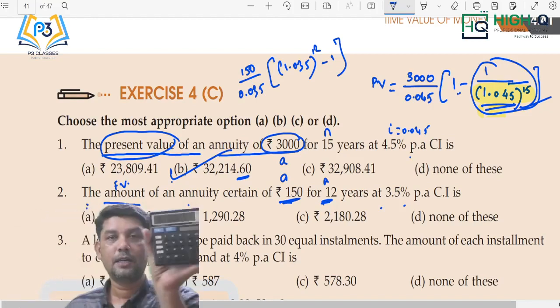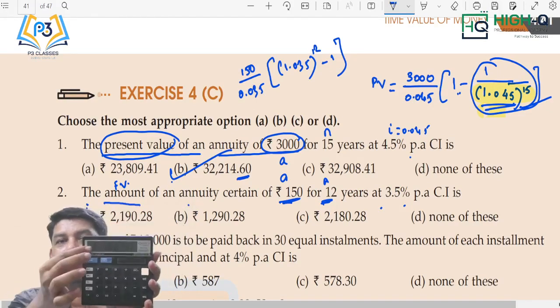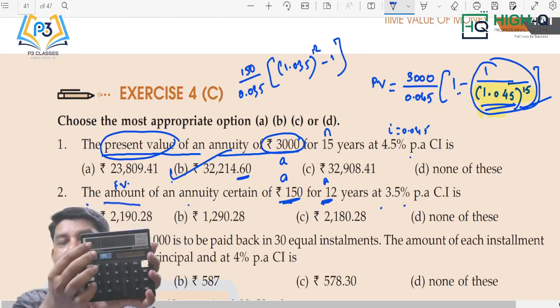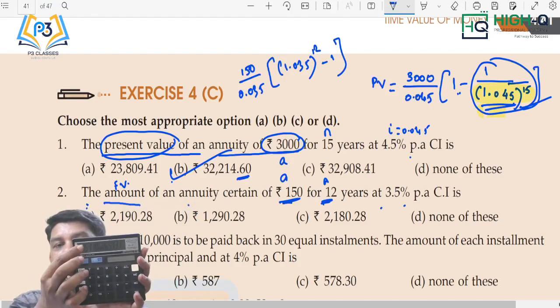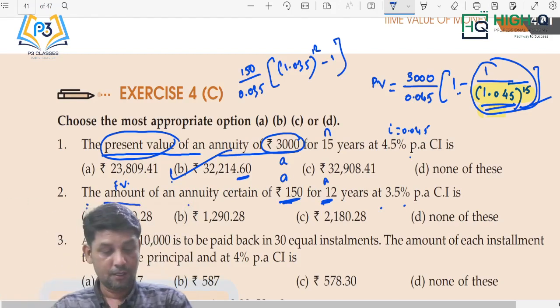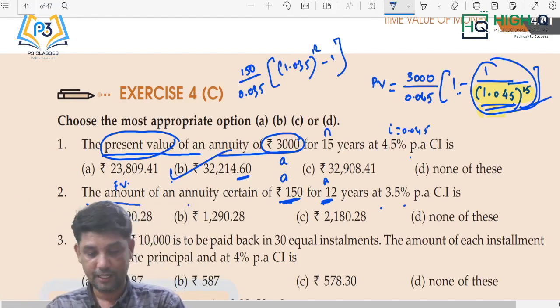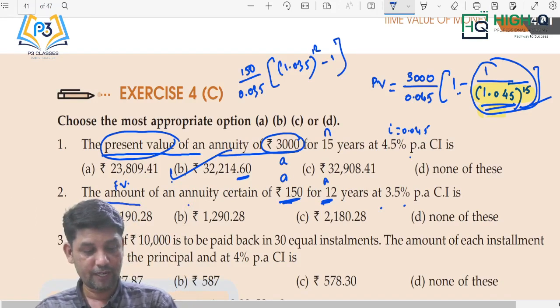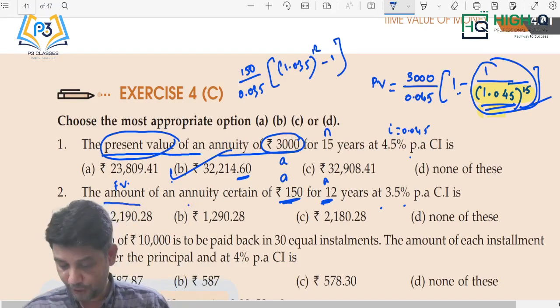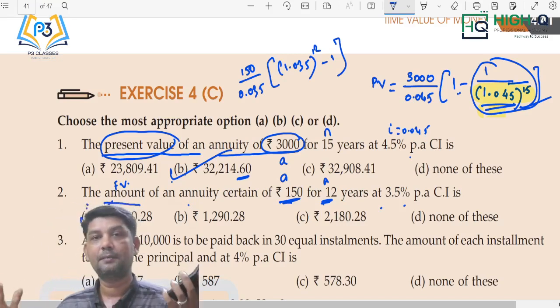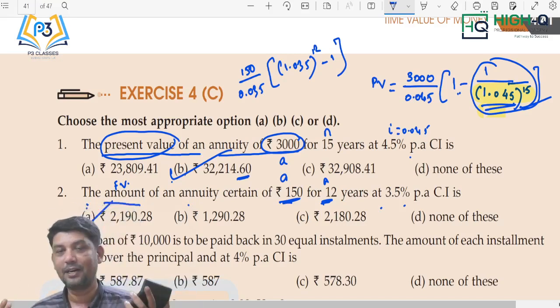I'm not counting decimals here, I'm just looking at the digits. The number displayed here is 13. Therefore, power is 12. Minus 1, into 150 divided by 0.035. 2190.29. See, in this question, I'm getting the exact answer.